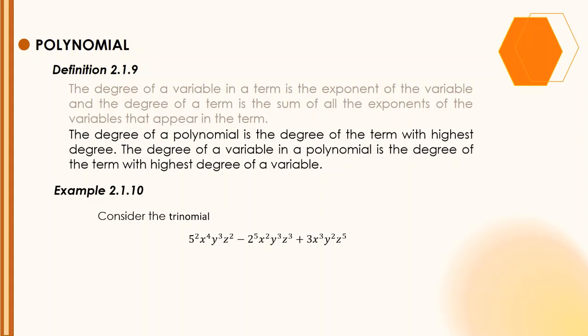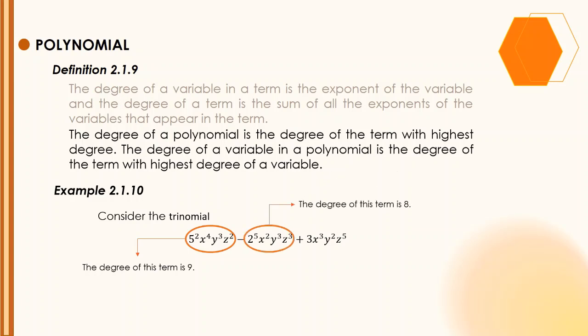So, ang gawin muna natin, kunin natin yung degree ng each term. So, sa first term, ang degree niya is 9. Bakit? I-add natin yung exponent ng mga variables. That is 4 plus 3 plus 2 is equal to 9. So, second term, ang degree niya is 8.